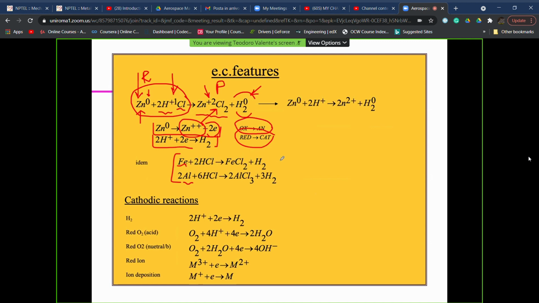In the case of the reaction of iron, again, we have 0, +2 and -1, 0 for the reduction. In the case of aluminum, we have 0, +3 as oxidation number of the oxidized species, that is aluminum, and +1, 0 for the reduction of hydrogen.